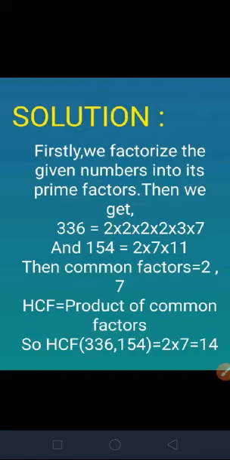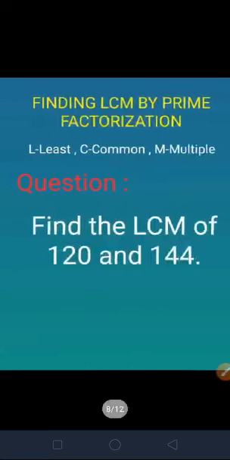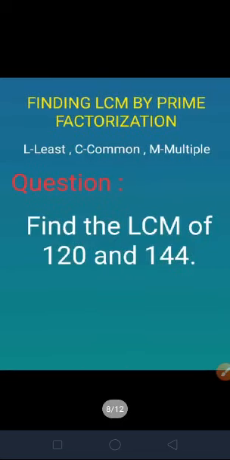We know the HCF of two numbers is equal to the product of the common factors. So HCF of 336 and 154 is equal to the product of the common factors, 2 into 7, that is equal to 14.